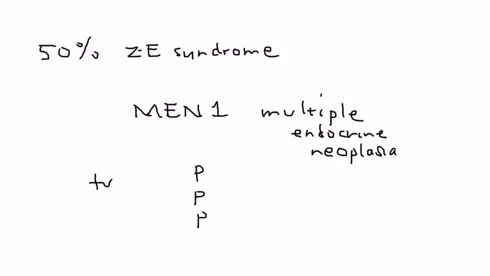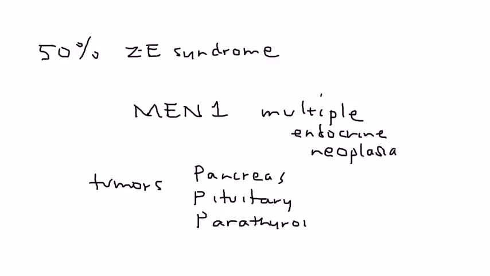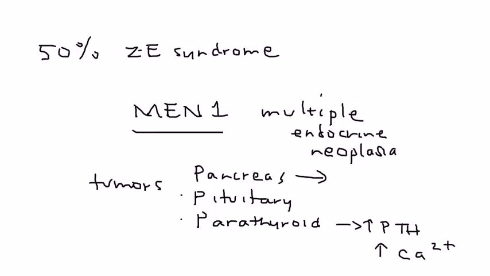It's tumors in the pancreas, pituitary, and parathyroid. So the pancreas tumor is what's causing the ZE, but you also have 2 additional tumors in MEN1. And the parathyroid tumor produces excess amounts of parathyroid hormone, and if you remember the mechanism of how parathyroid hormone acts on the body, it increases calcium levels, so the patient will have hypercalcemia.